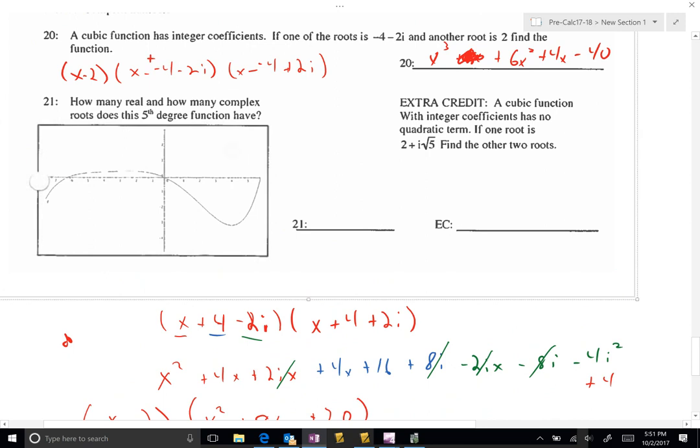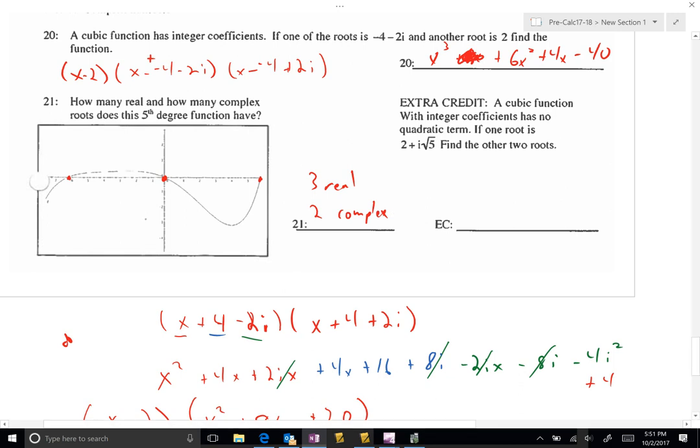Right now I count 1 real root, 2 real roots, and 3 real roots. That leaves 2 complex roots, which makes sense because they would come in twos. Is it possible that we could have a triple root somewhere?